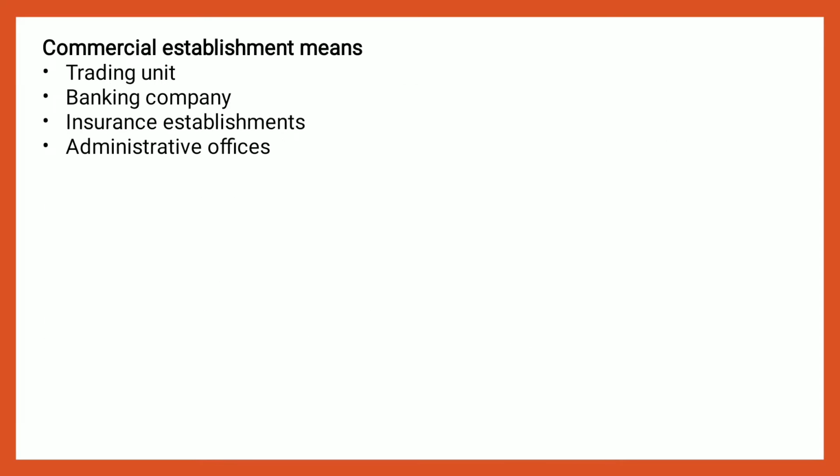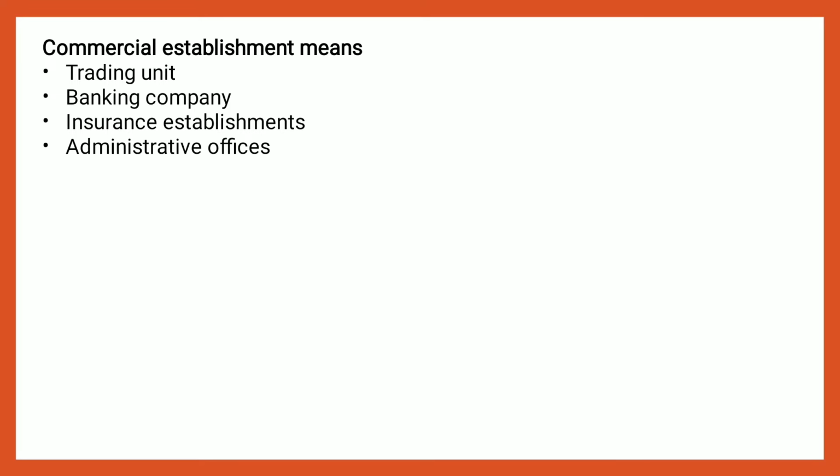Now, what is the meaning, definition of commercial establishment? Commercial establishment means commercial or trading or banking or insurance establishment or an establishment of administrative service in which persons employed are mainly engaged in office work.